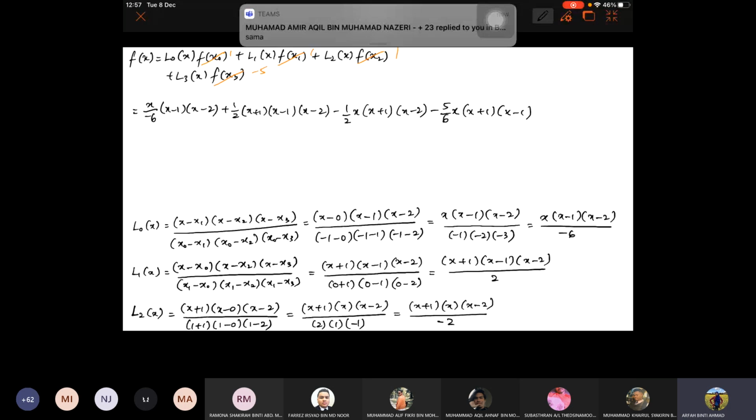Okay, cuba simplify this equation. Awak expand and then simplify. Dapat sama tak?